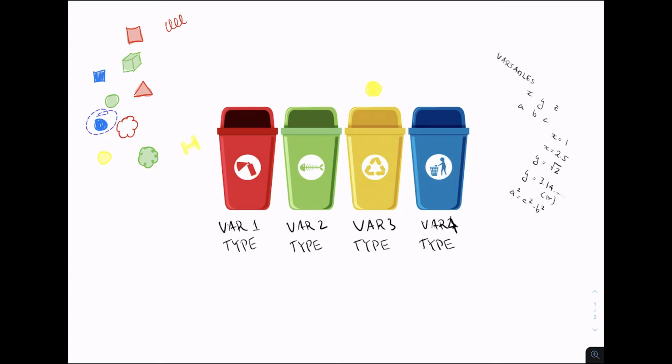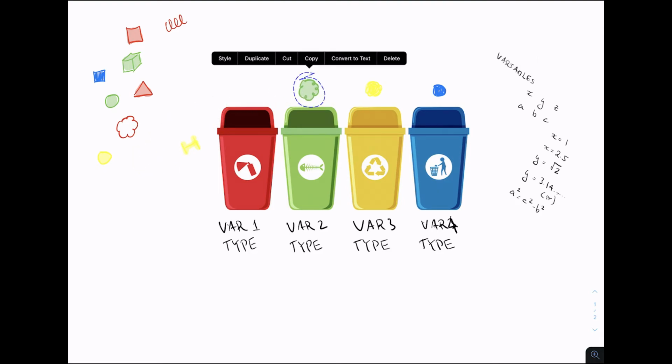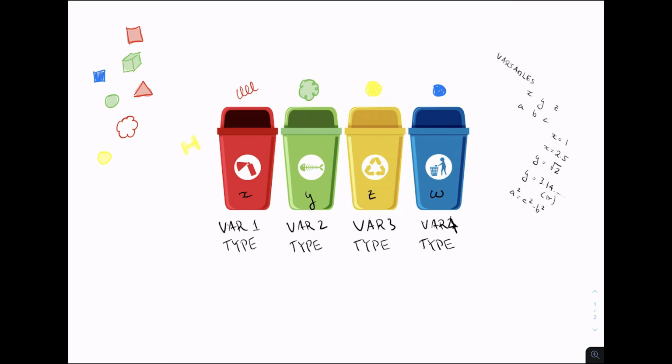Obviously, same with the blue. I can put a blue piece over here. I can put a green piece over here. And I can put a red piece over here. So you can think of the variables, if you want to give them a name, we'll call this x, we'll call this one y, z, and I don't know, put a w there.